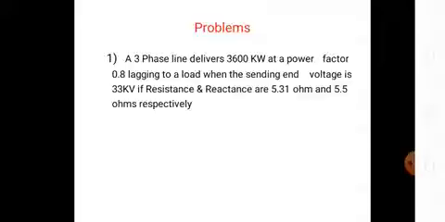The resistance and reactance are 5.31 ohms and 5.5 ohms respectively. So a three-phase line delivers 3600 kilowatts at a power factor of 0.8 lag to a load when its sending end voltage is 33 kV.